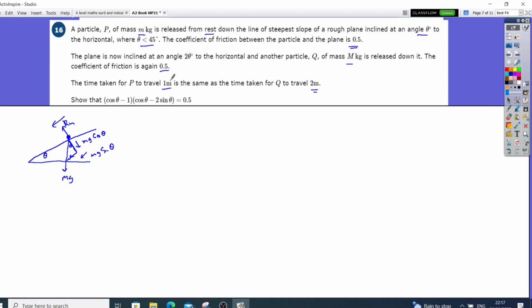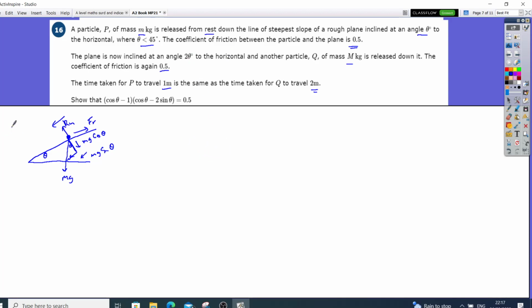So that has friction, and as it's released from rest, friction is going to be going in that direction, opposing it. I think we've got most things there.